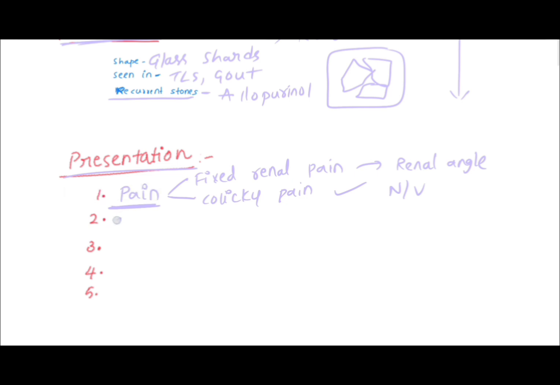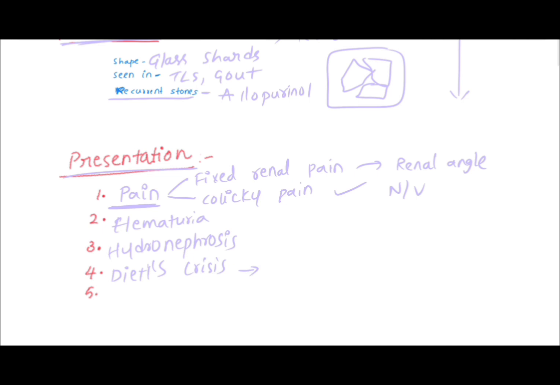The next presentation is hematuria and hydronephrosis, and patients can present with loin to groin pain. Initially the patient complains of pain in the loin, which migrates to the groin also. Also hydronephrosis, and Dietl's crisis, which is very important.